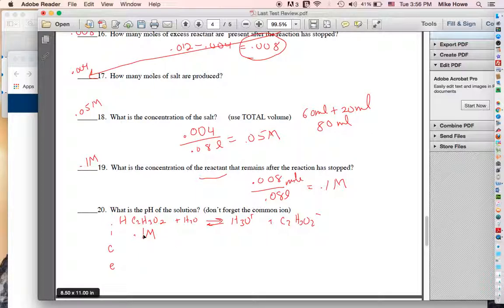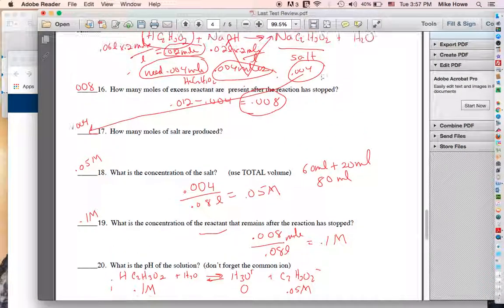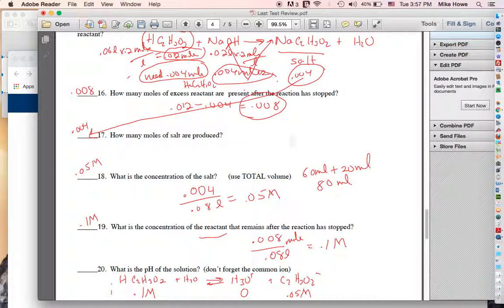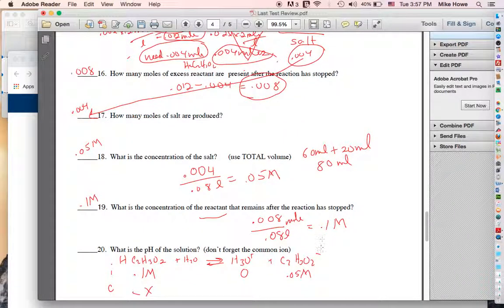So we know that some of this is going to react. We don't know how much. And we know at equilibrium we'd have 0.1 minus X. Initially we don't have any of this, but we do have some of this, 0.05 moles per liter to be exact. Because the salt that was produced up here, sodium acetate, when it dissolves, it does this.